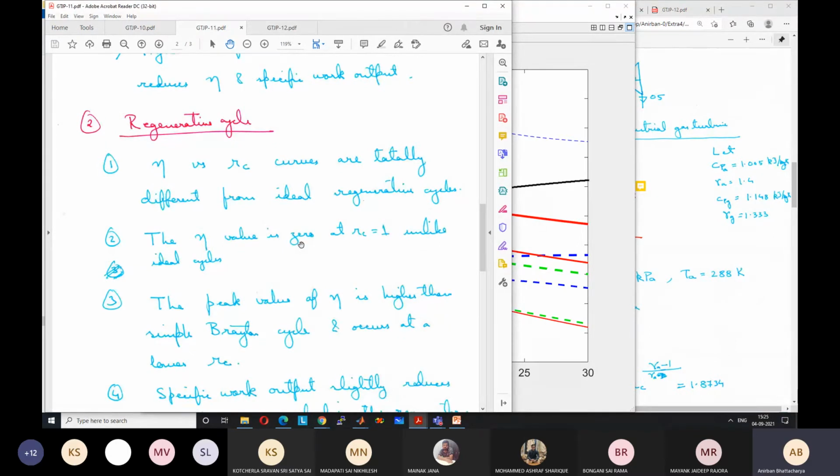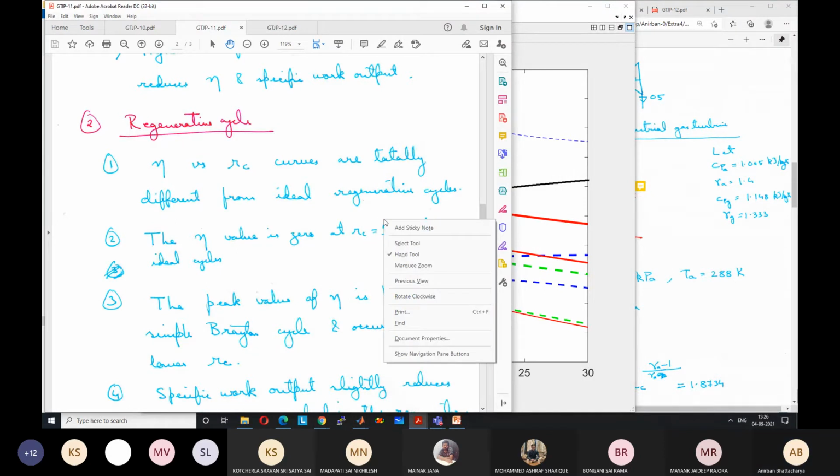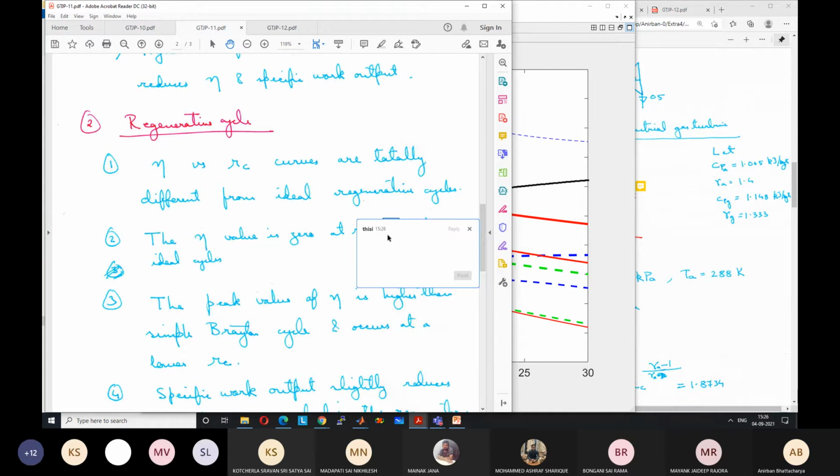Eta goes to 0, not at RC equal to 1, near RC equal to 1. Just note this.